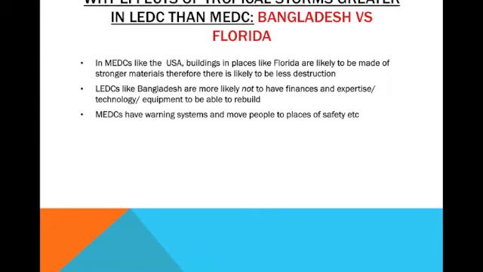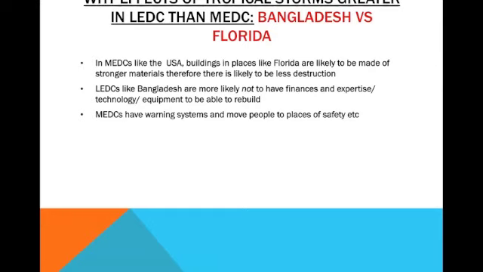So, why are effects of tropical storms greater in a less economically developed country than in a more economically developed country? Well, we're going to look at Bangladesh and Florida.